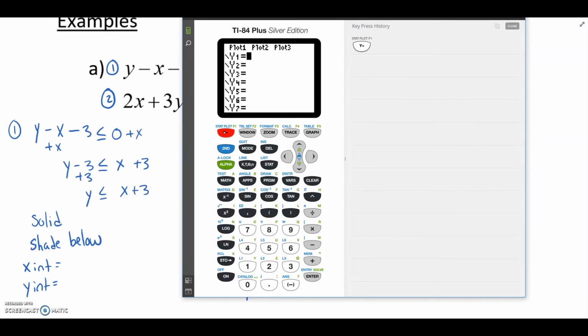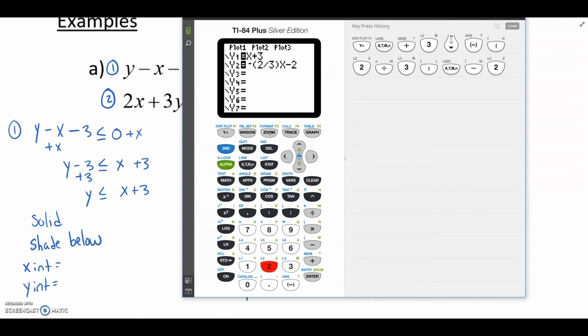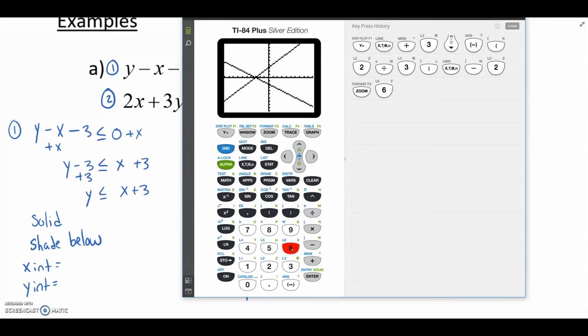Go to y equals, and we've got x plus 3, and for our other one we have negative 2/3 x subtract 2. Zoom 6, and we get our two linear inequalities there.